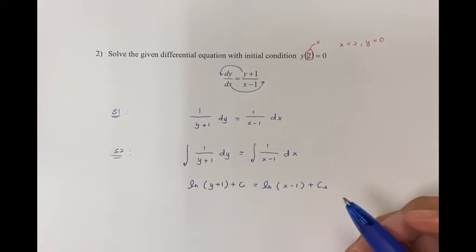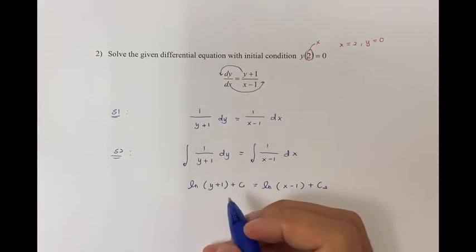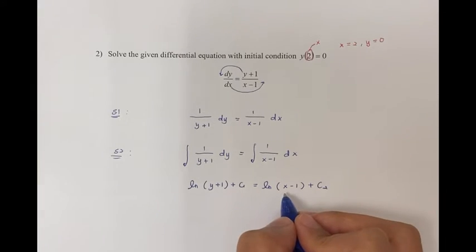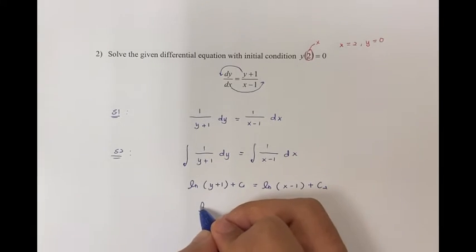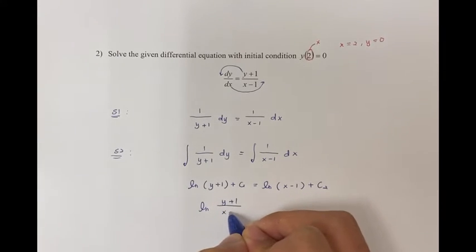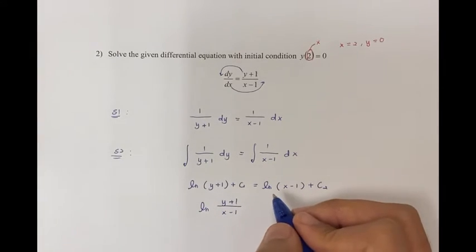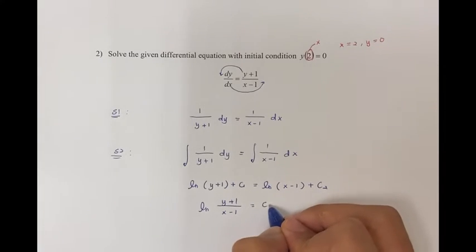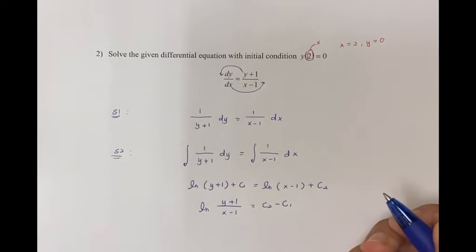Now move this ln to the left hand side. So you have ln of |y plus 1| over |x minus 1|. This is the property of ln, the logarithm. So you have c2 minus c1 over here.